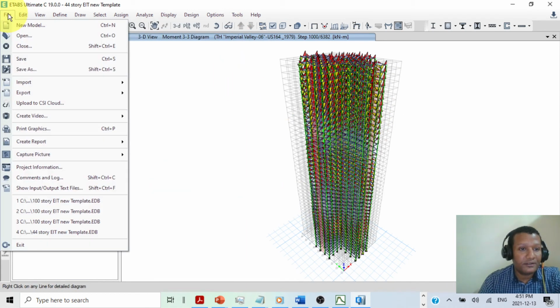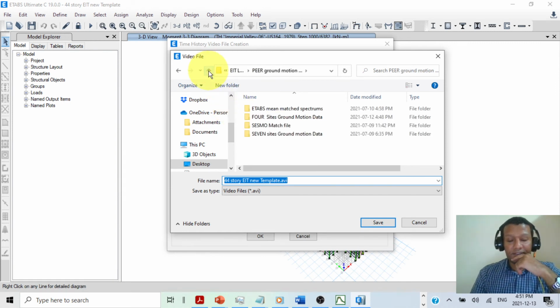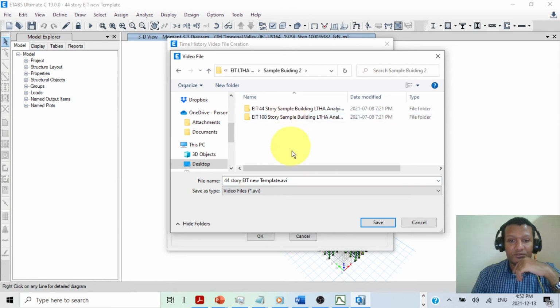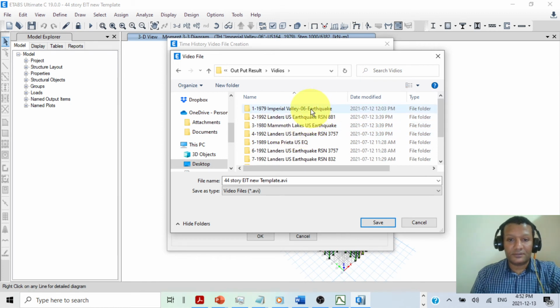We can go here, create video, multiple step analysis. So for example, just for demonstration, okay, sample, this is 44 story, output video, this is Lander's earthquake.